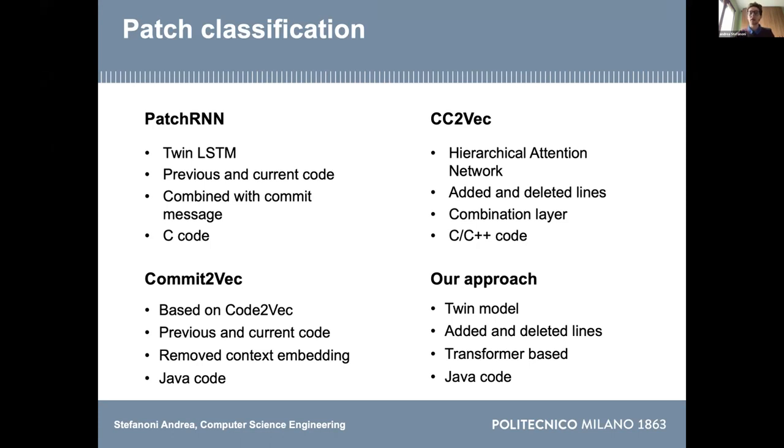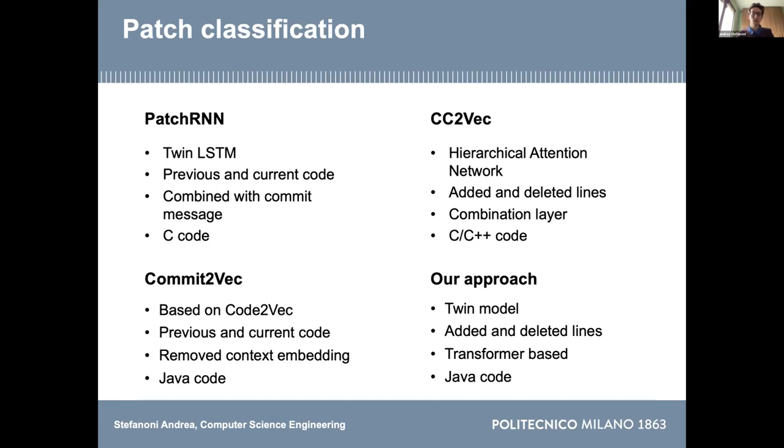Another paper is CC2Vec, which uses a hierarchical attention network that exploits more the structure of the patch, because it's divided in lines, and lines are divided in hunks and then in files. This allows it to exploit more the structure, and it also uses the added and deleted lines separately.